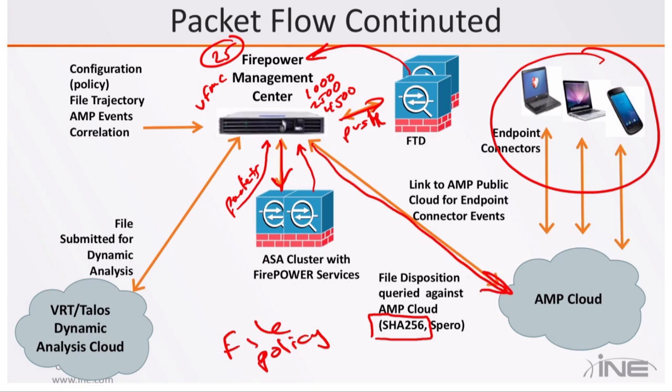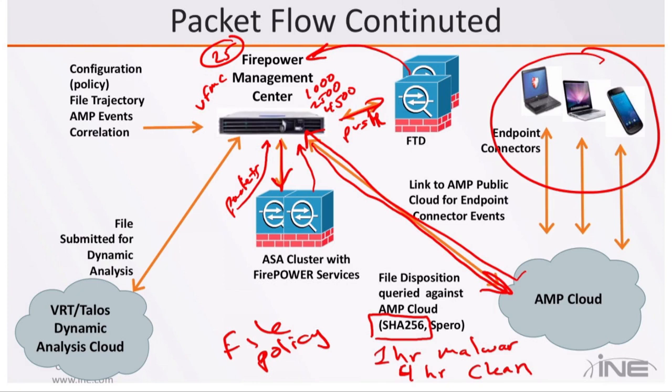The AMP cloud's going to come back with unknown or clean or malware, and it's going to give that disposition to the FMC. Now, if it's malware, it's going to store that disposition 1 hour. If it's clean, we're going to store it 4 hours. And that disposition to FMC makes it quick, that makes it faster.